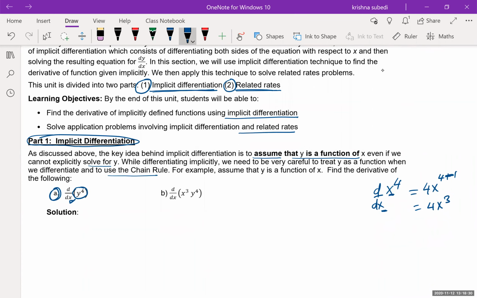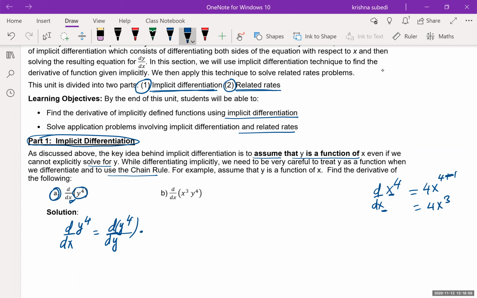So the technique that we're going to use here is that d over dx of y to the power 4 equals d over dy, because if y is there, y raised to power 4, then to find the derivative of this we must differentiate with respect to y. Otherwise, we cannot use the power rule.